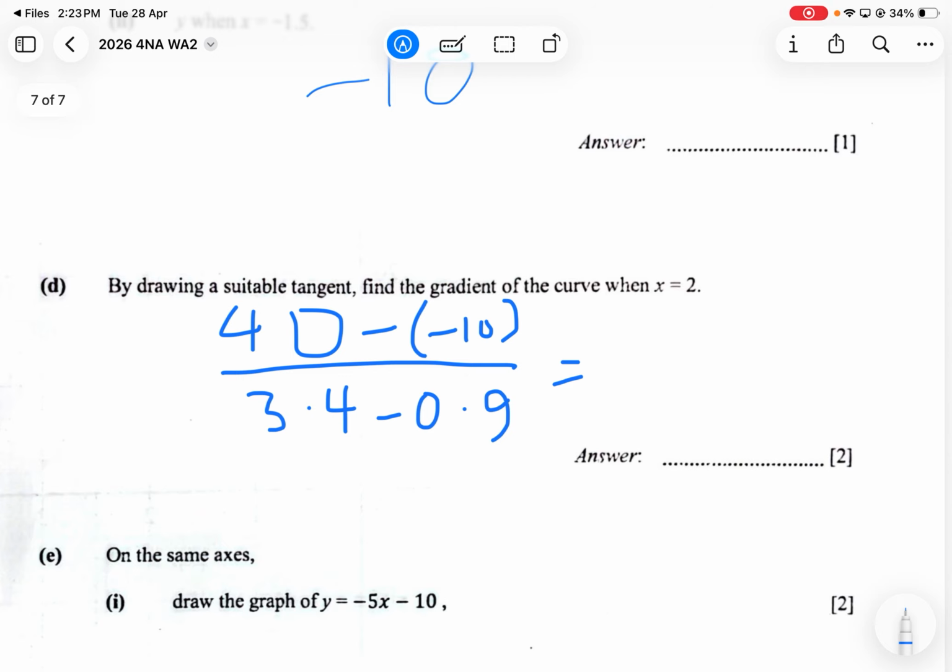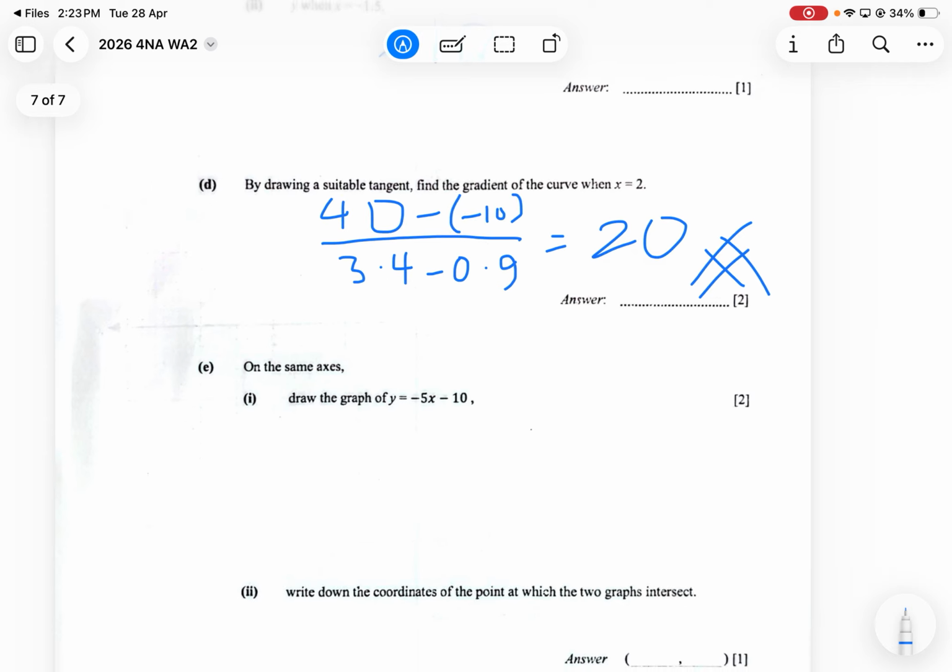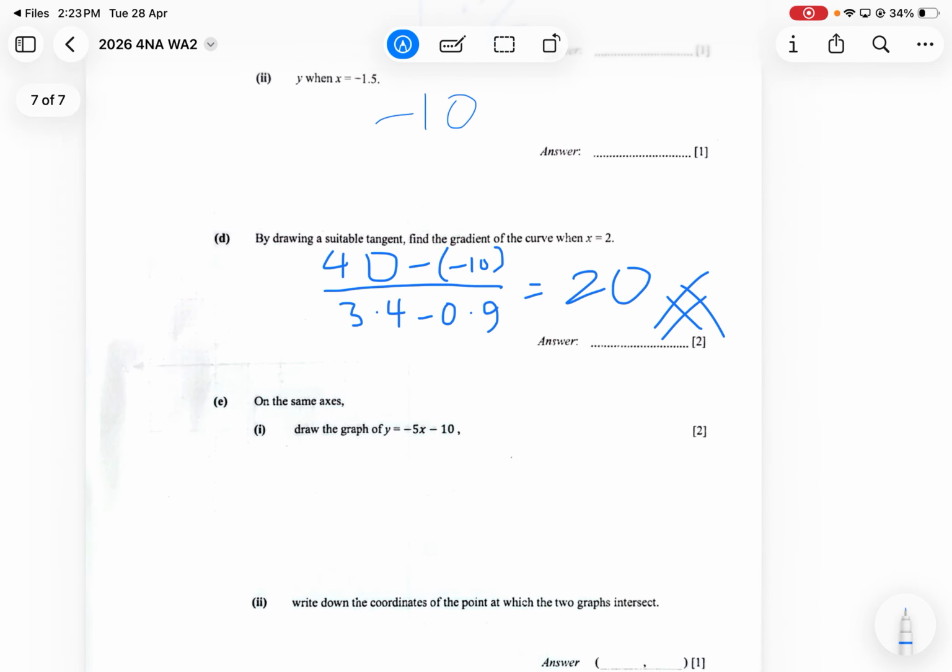For my one, what I get is 50 divided by 2.5, 20. It should be around 20. 20 something, your tangent. 1.2 means confirm wrong.